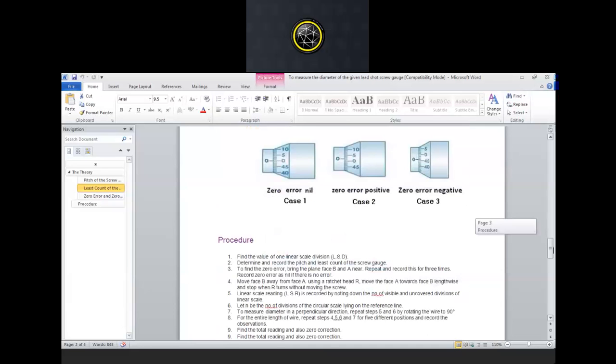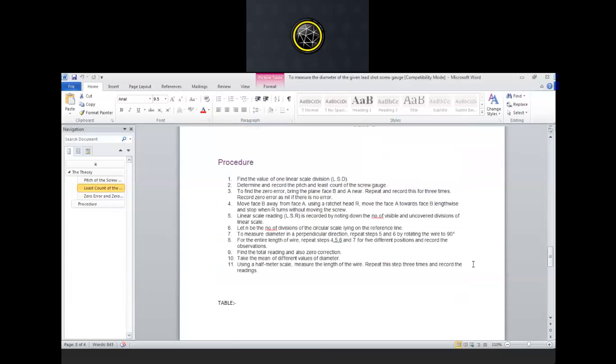Next, to measure the diameter in a perpendicular direction, repeat step 5, 6 by rotating the wire to 90 degrees. That means, suppose we are measuring the wire in one end. Suppose in one end we are measuring the diameter of the wire.